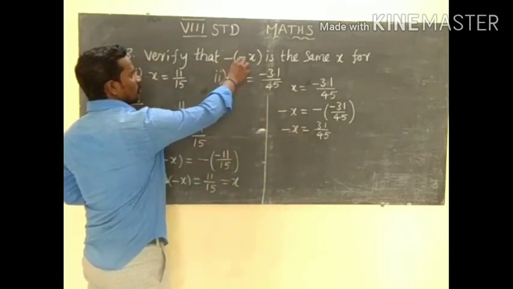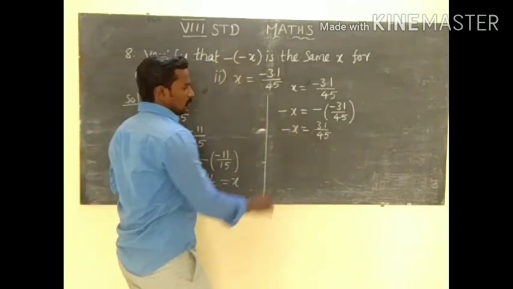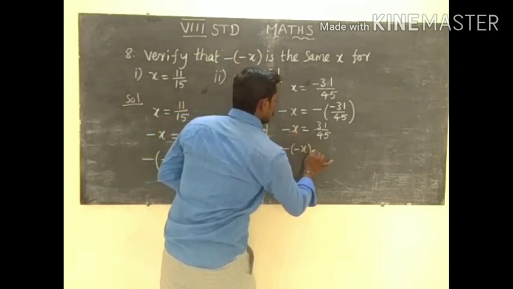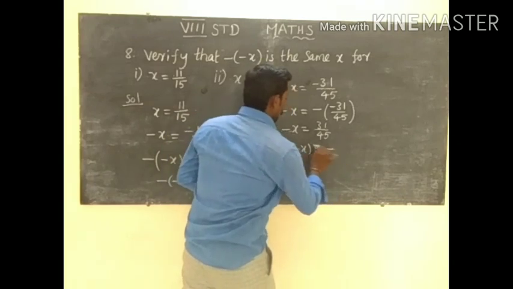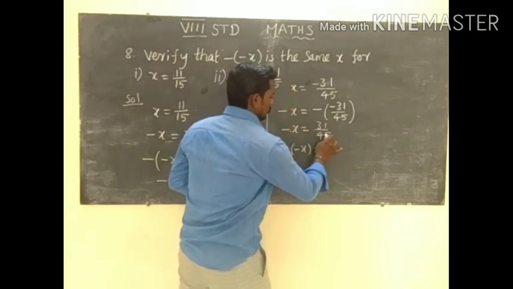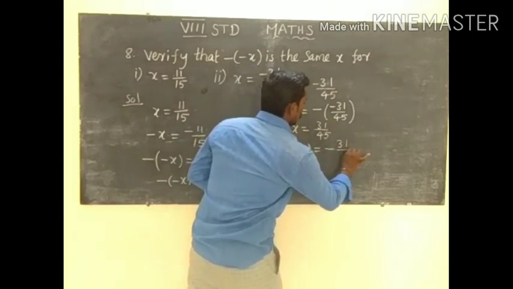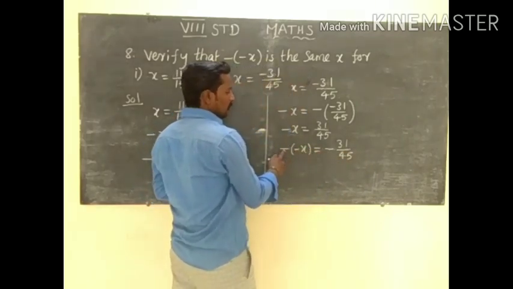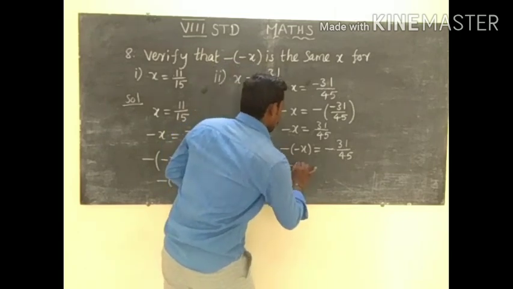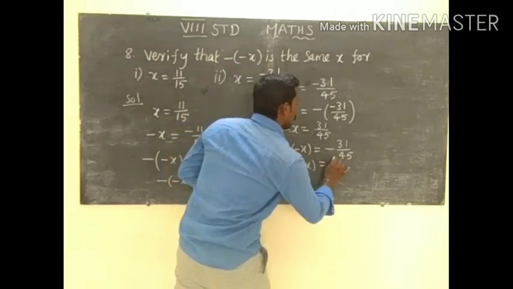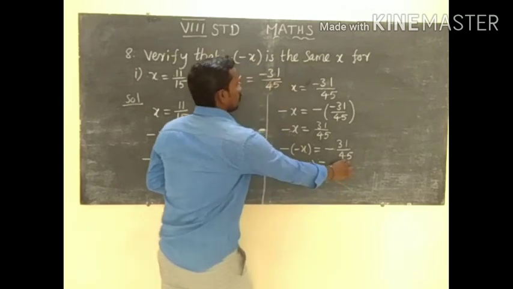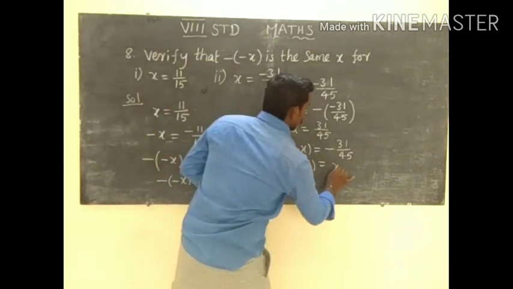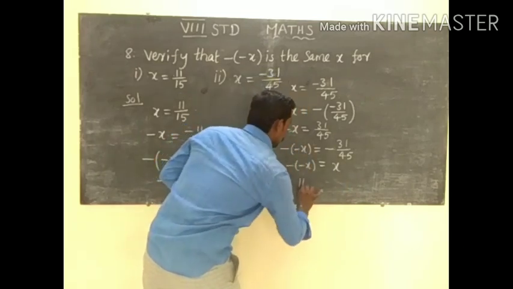The question is that minus of minus x is the same as x. So once again, minus of the bracket, minus of minus x equals minus of minus 31 by 45, which is equal to 31 by 45, equal to x. So hence verified.